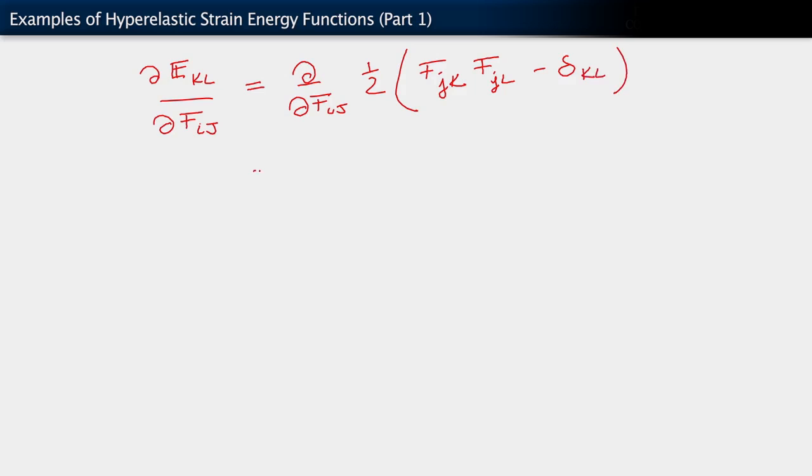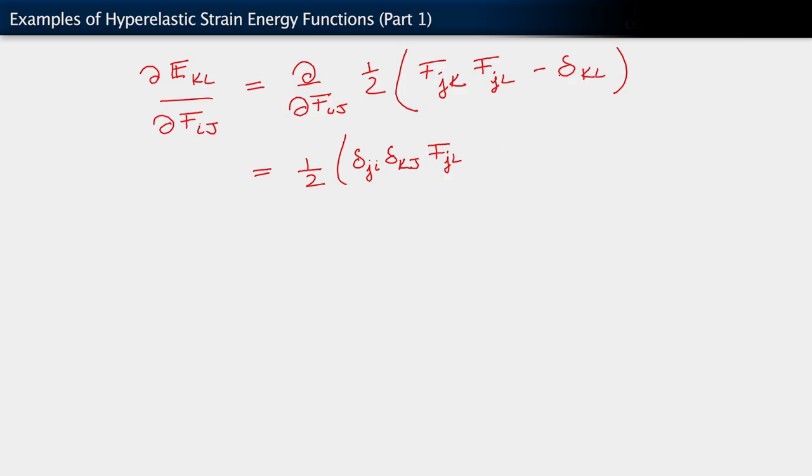Okay? It's not difficult to calculate because very nicely we apply the product rule, and remember that these sorts of derivatives throw up for us the Kronecker delta. Okay? So when we apply it to the first term in that product of components of F, that should give us delta_ji delta_KJ F_jL.